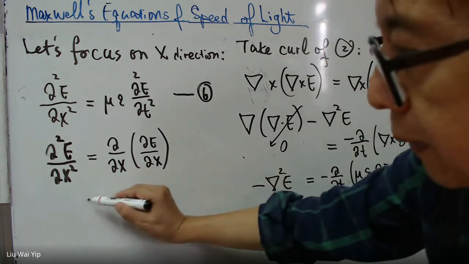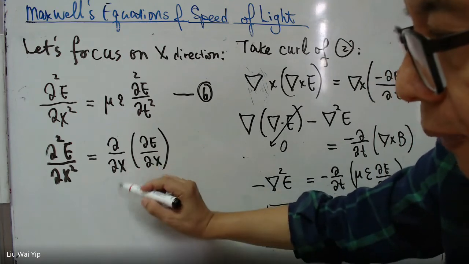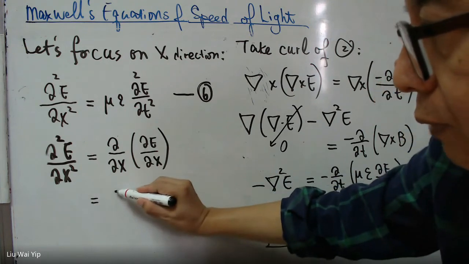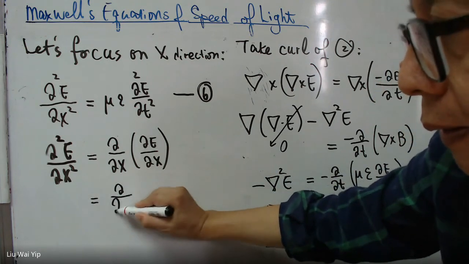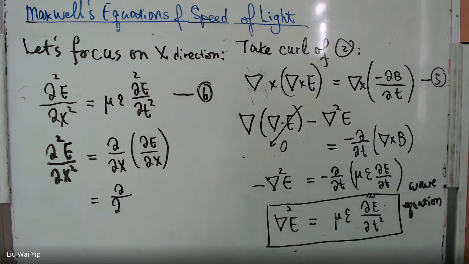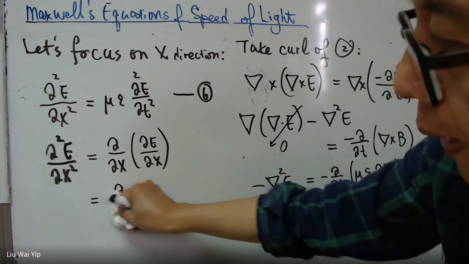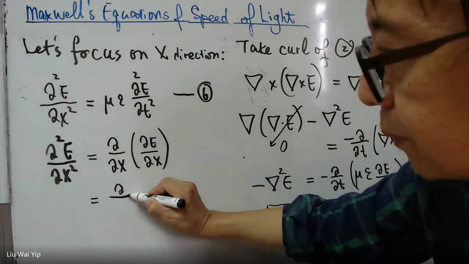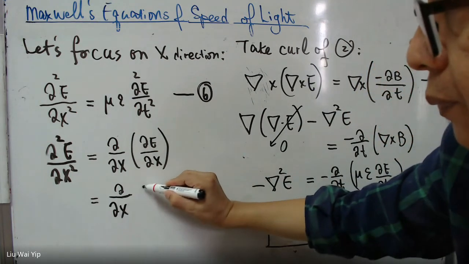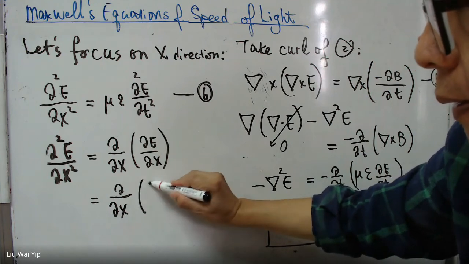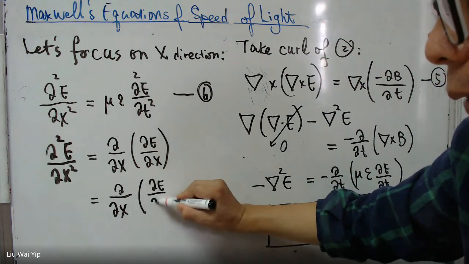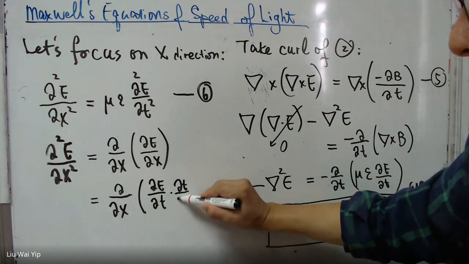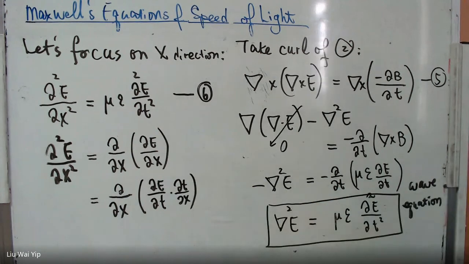And now, what is del x, right? Inside the bracket, we can rewrite dE by dt, dE by dx as this. We can do that.